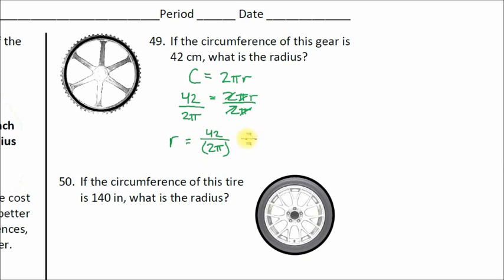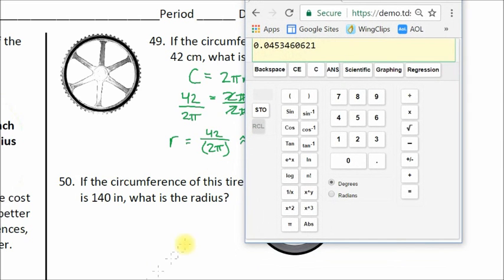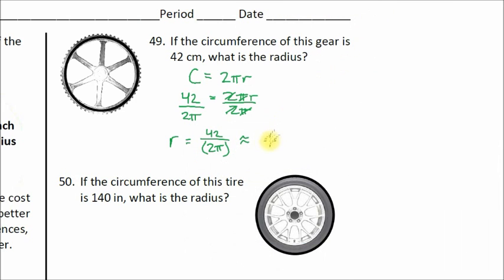Now when you put that in your calculator, make sure you put the 2 pi in parentheses. 42 divided by, and then we're going to do 2 pi. That's going to give you 6.68 or 6.7, approximately 6.7 centimeters is our unit of measure. So there is our estimated radius if we know the circumference.